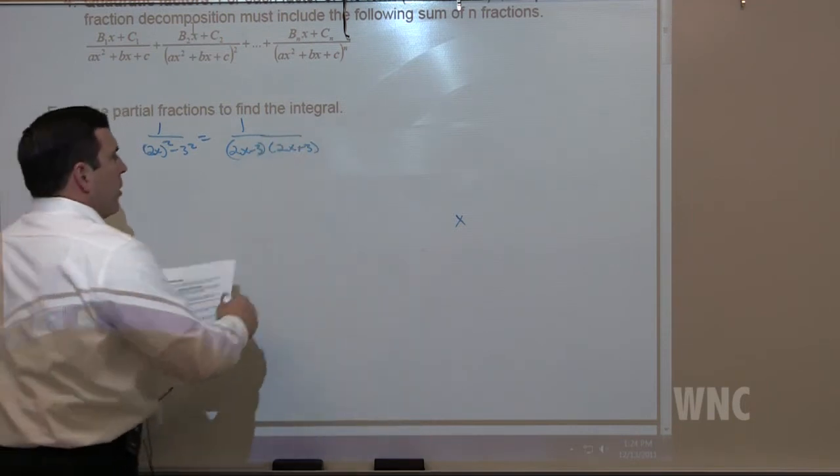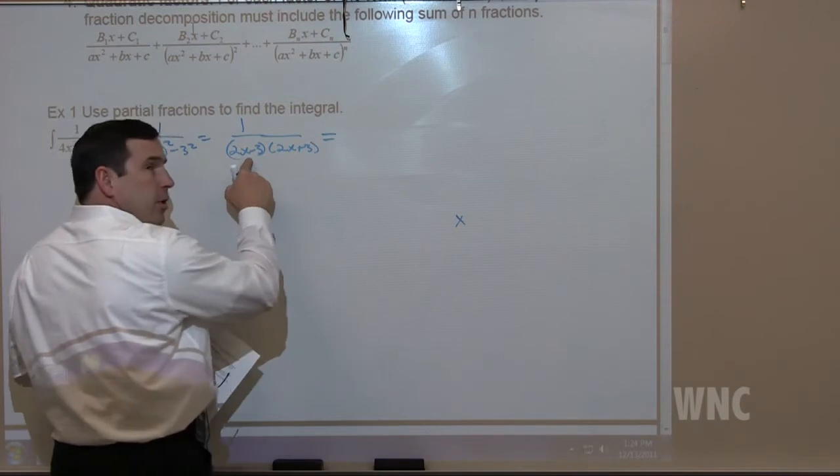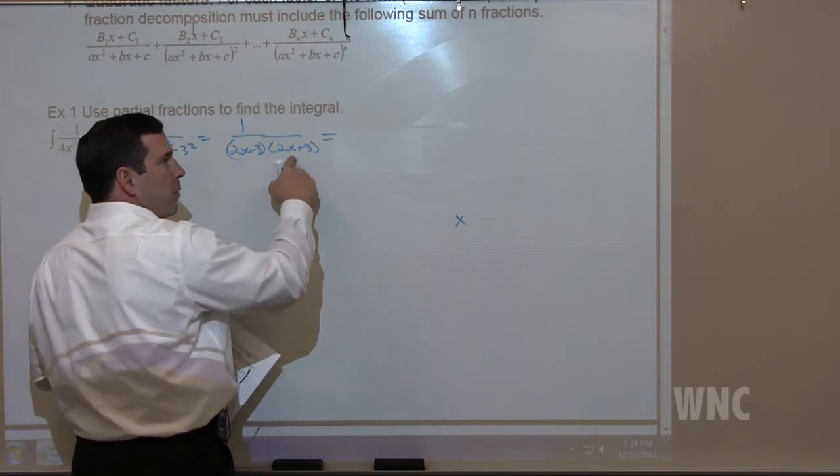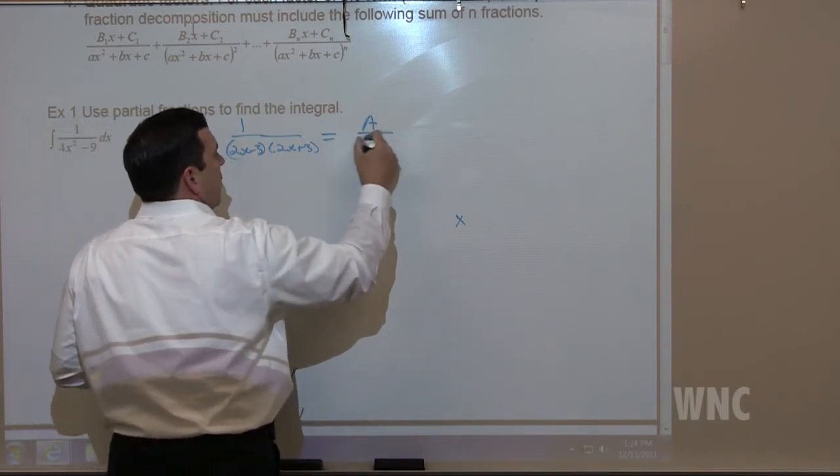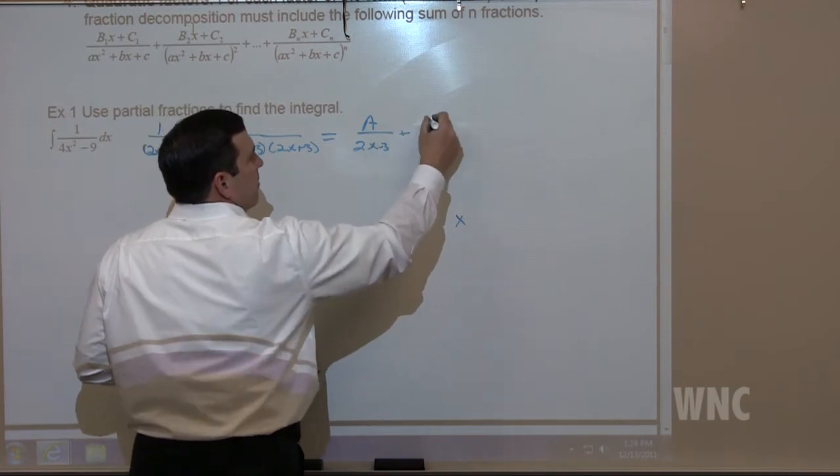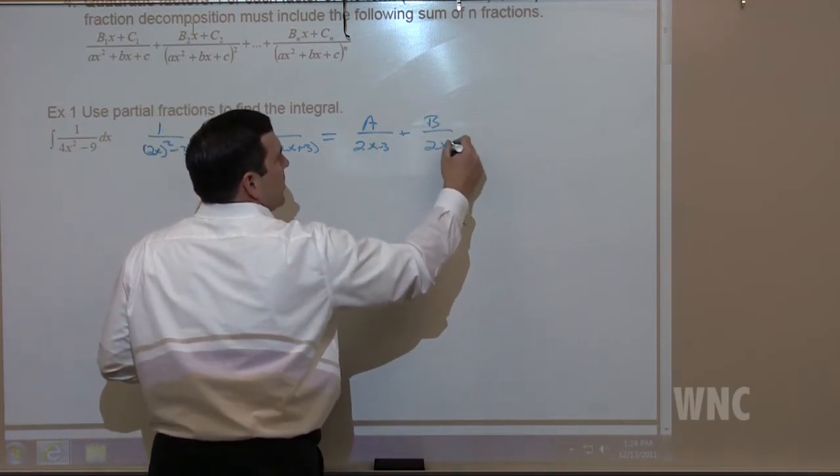And with that, we decompose it. There's only one 2x minus 3, there's only one 2x plus 3, so it's going to be A over 2x minus 3, plus B over 2x plus 3.